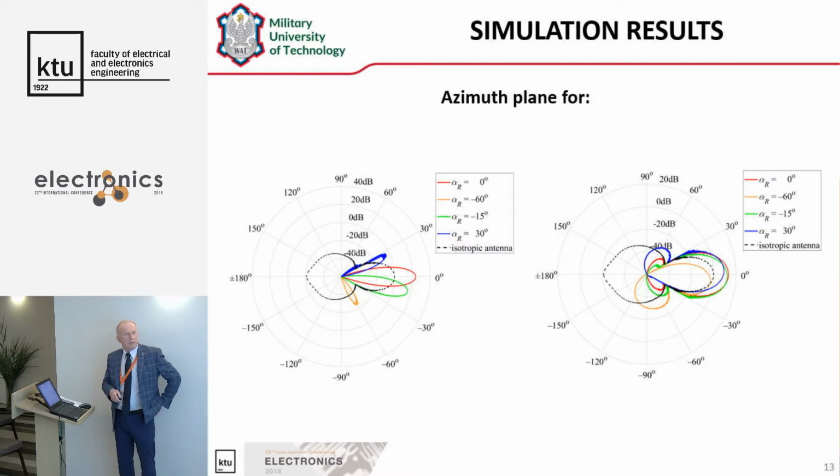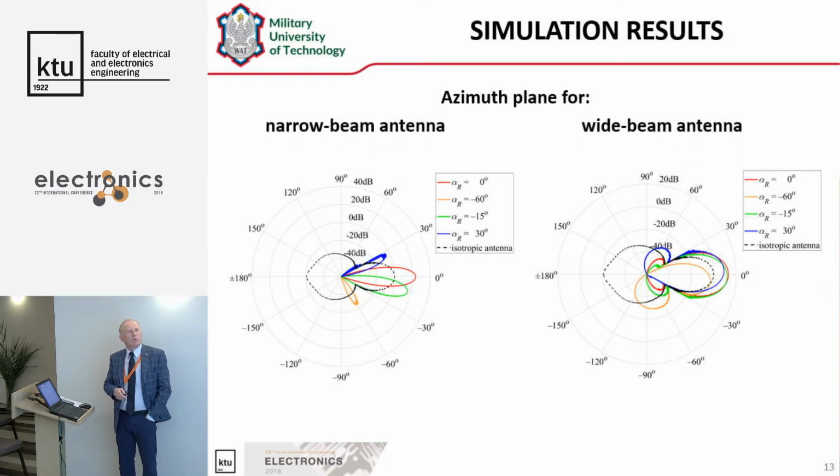You can see that for the narrow beam antenna, there is no difference between the angular spread and the antenna pattern of the receiving antenna. But we have a big difference between the power angular spread and the antenna pattern of the receiving antenna for the wide beam antenna.